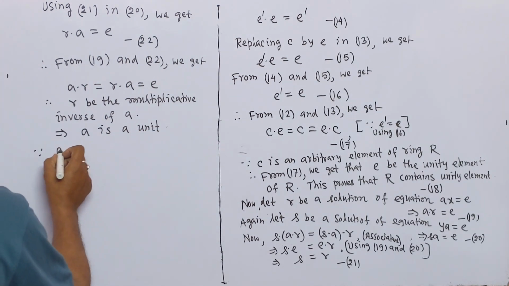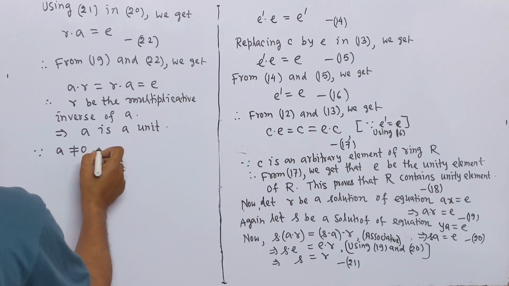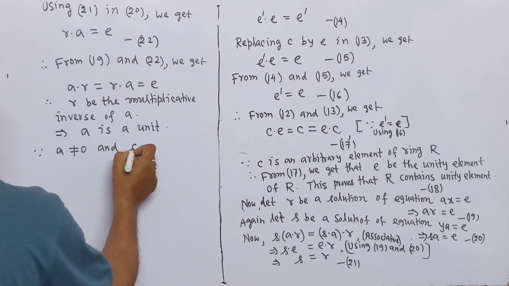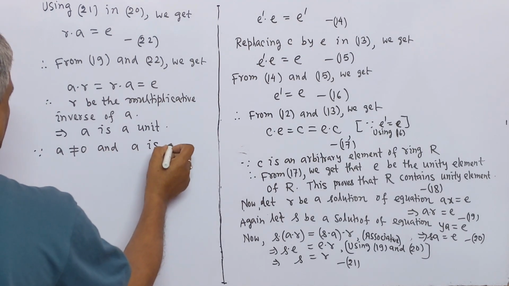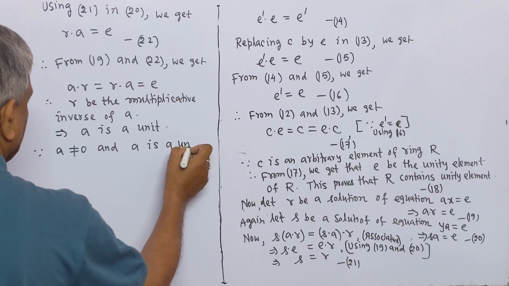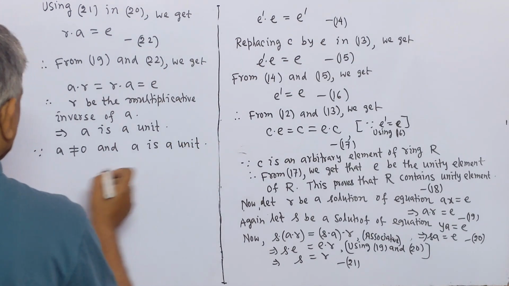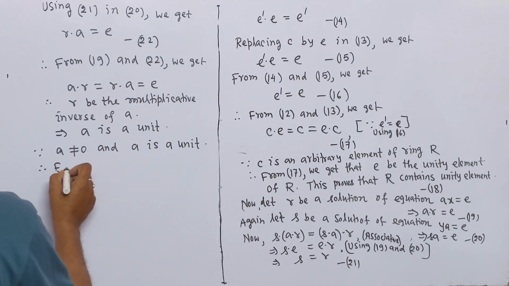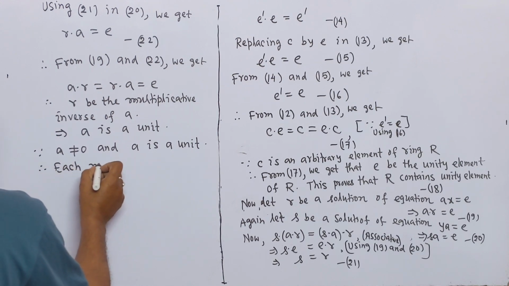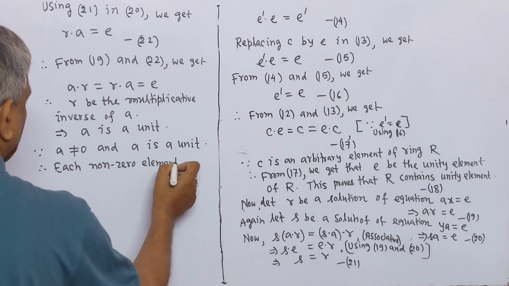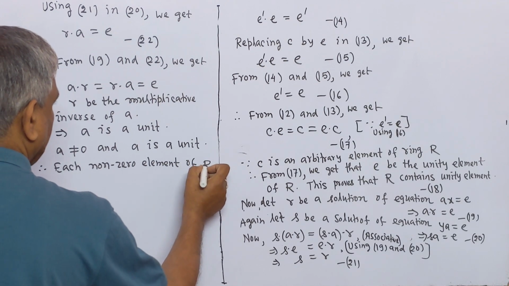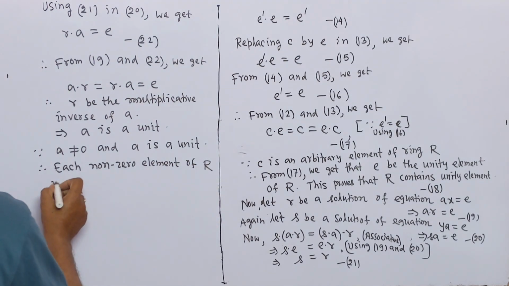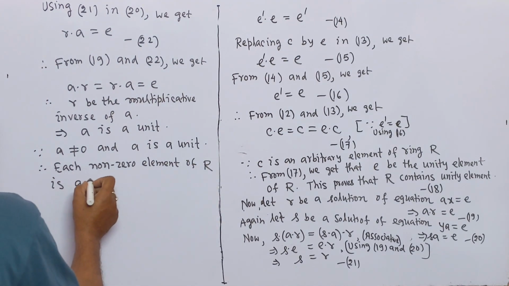Since A not equal to 0 and A is a unit, therefore each non-zero element of R is a unit.